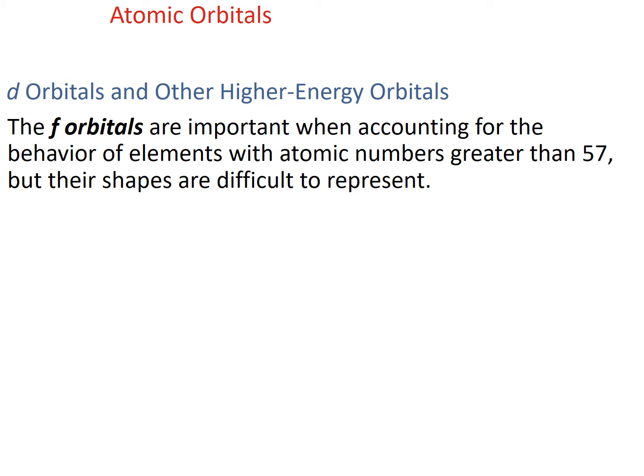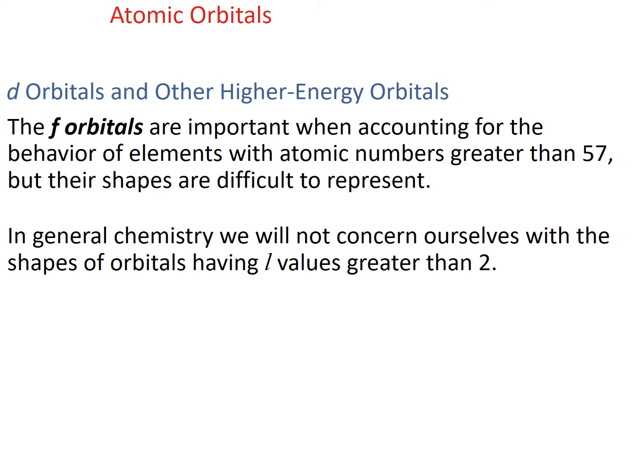Those have f electrons associated with them, and their chemistry gets pretty interesting because of this. Some elements you're probably familiar with in the f block would be plutonium and uranium. These are some fairly bizarre elements in general when you get down that far on the periodic table. And these have f orbitals that, like I said, get really messy. We're generally going to be dealing with d orbitals at the most. And even the d orbitals is about how far we are going to deal with in this class.